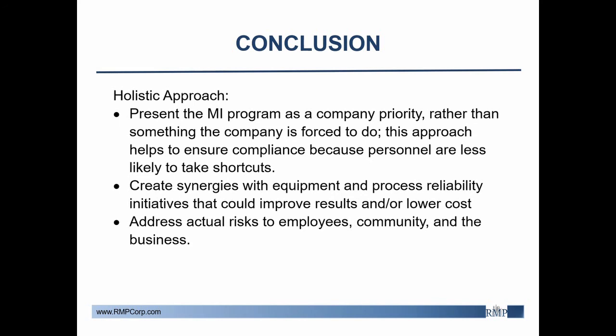What we commonly recommend is a holistic approach where MI programs as a company priority are used rather than something that the company is forced to do. This approach helps to ensure compliance because personnel are less likely to take shortcuts. Next, create synergies with the equipment and process reliability initiatives that could improve results and/or lower costs. And finally, address actual risks to employees, communities, and the business.